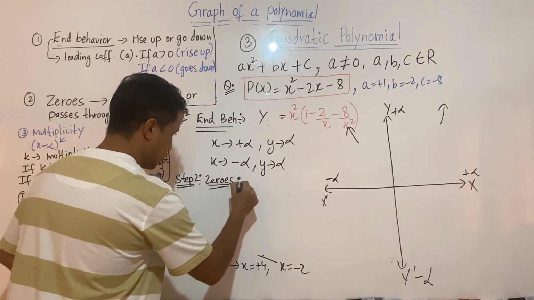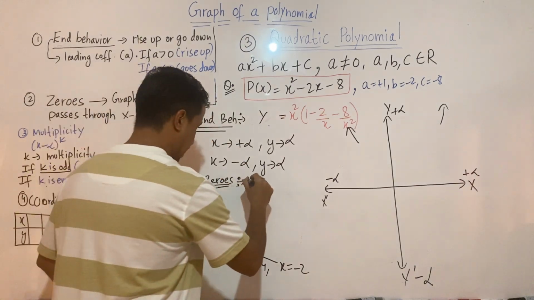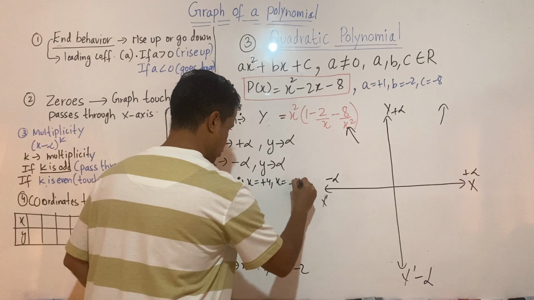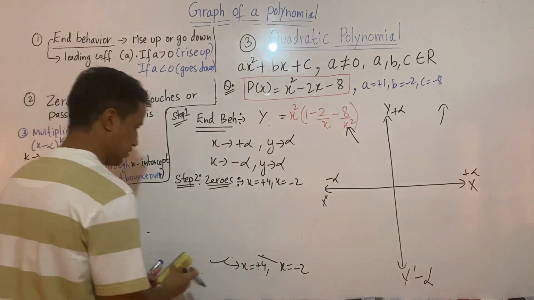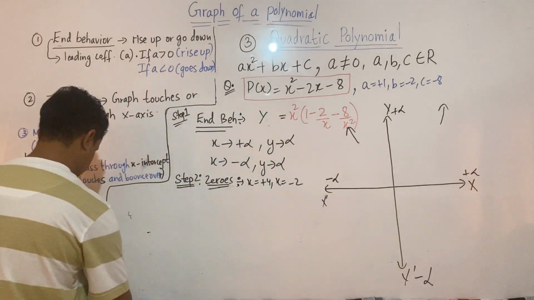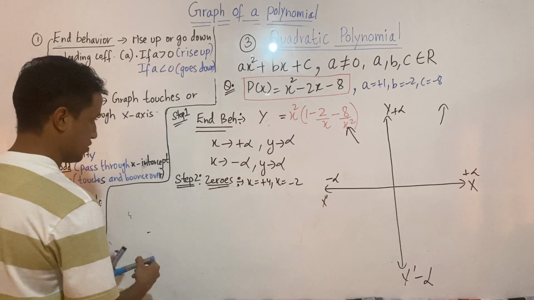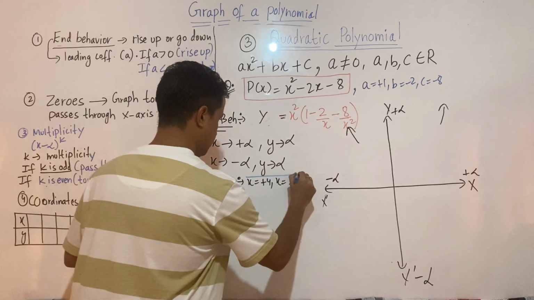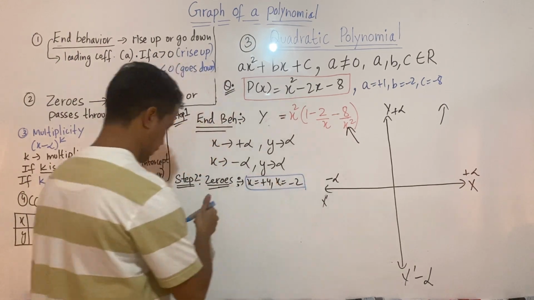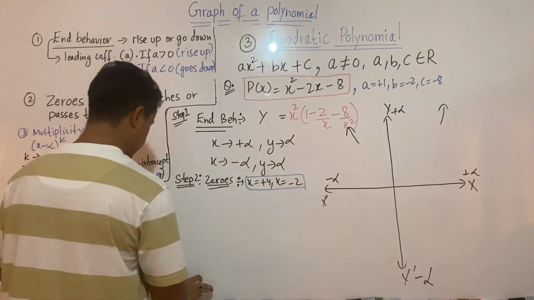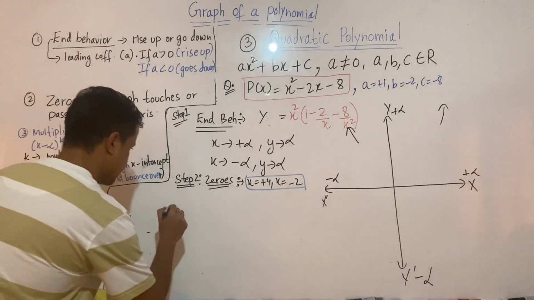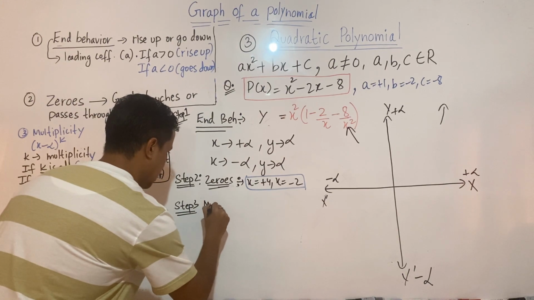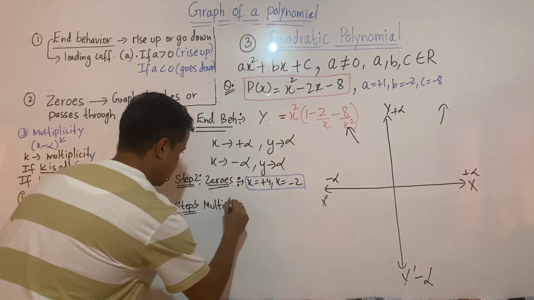I got my zeros at x equal to plus 4 and x equal to minus 2. Now, step number 3 is multiplicity.